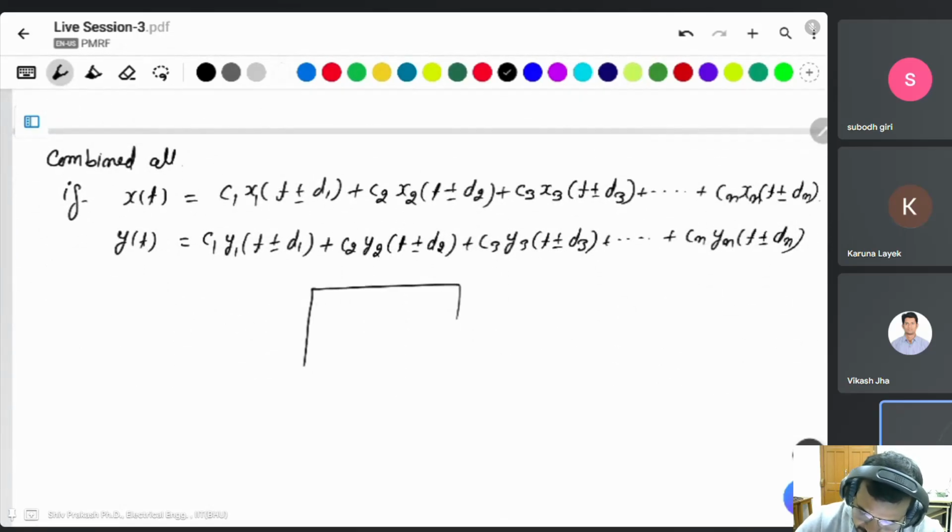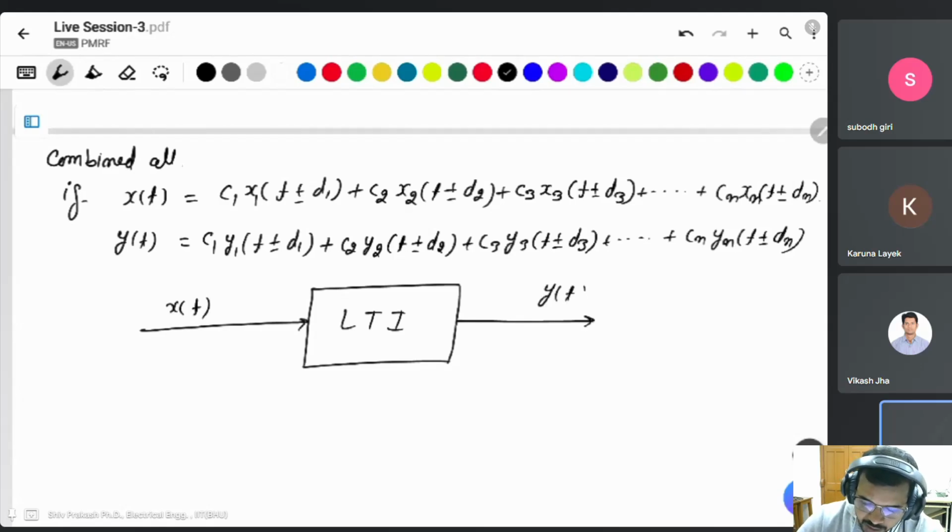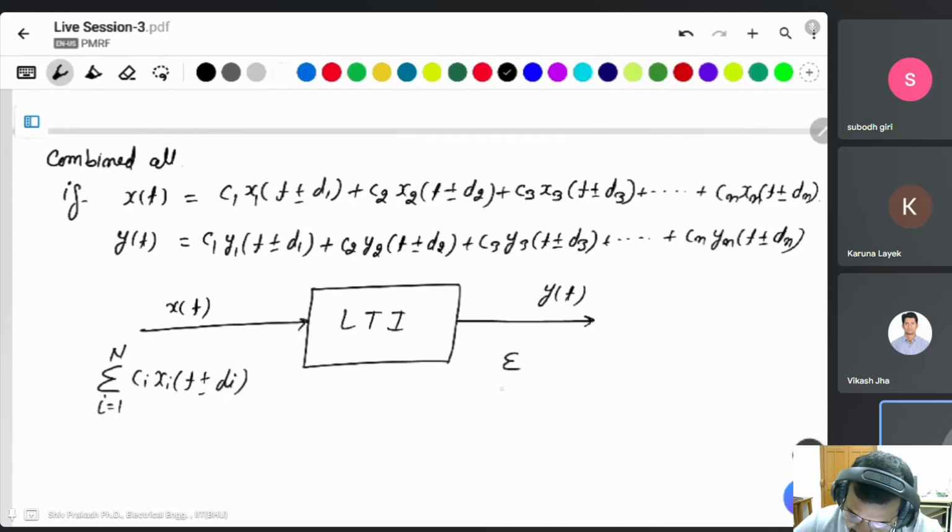If you give that input to the LTI system, then the representation of that one: this is x(t), this is y(t). If you want to combine this as a summation, taking the summation i equal to 1 to n of ci xi(t plus or minus di), then the output is also the same as the respective input, ci yi(t plus or minus di).